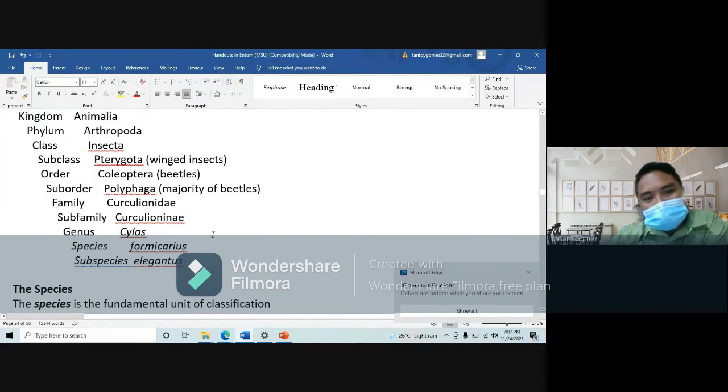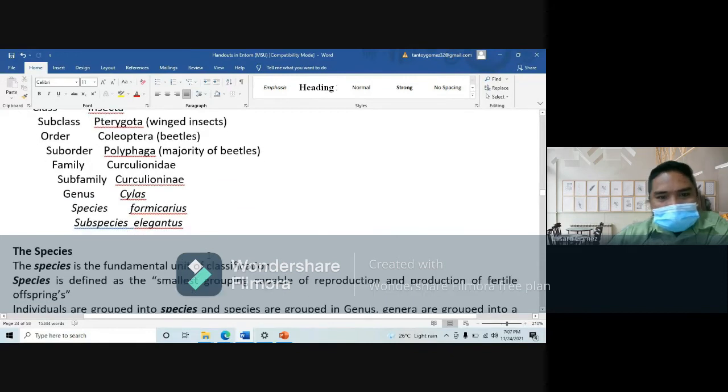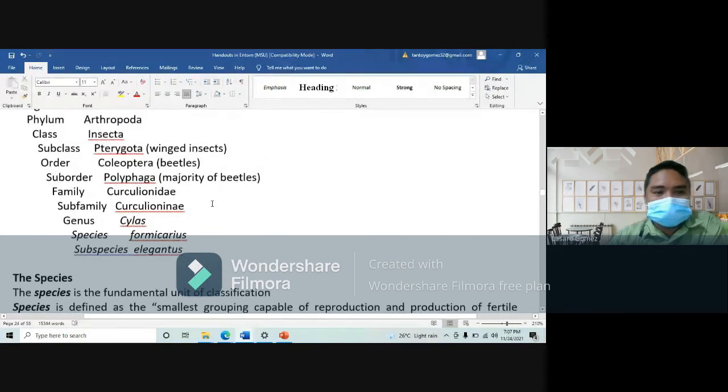Cylas formicarius subspecies elegantulus. That is the beetle, Cylas formicarius.